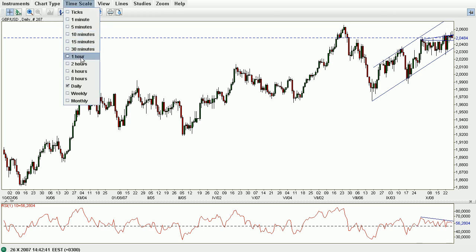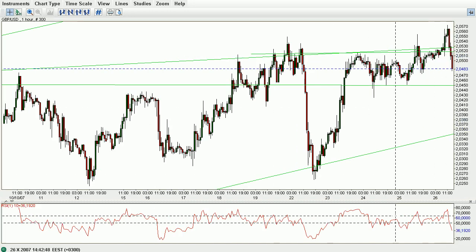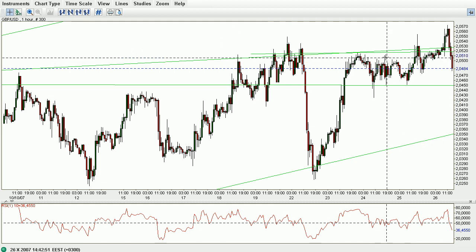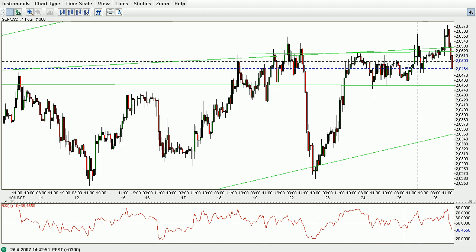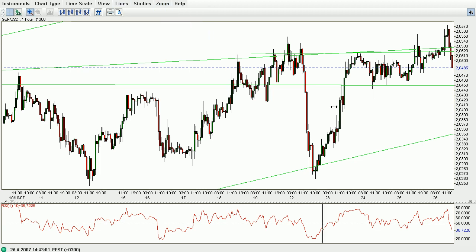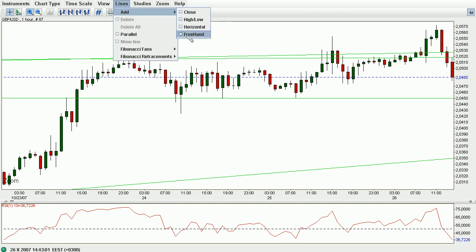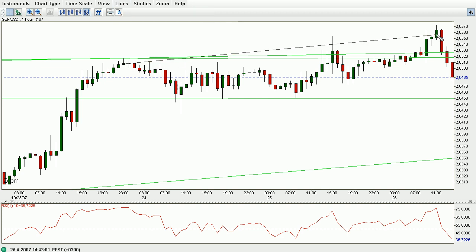Okay, if we go to a 1 hour chart, which we always have to do, we're probably going to see a pattern forming right here. Let me show you that.